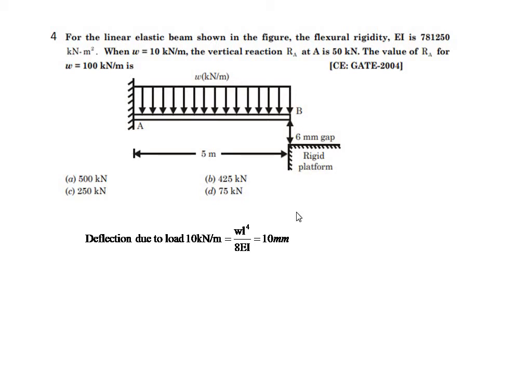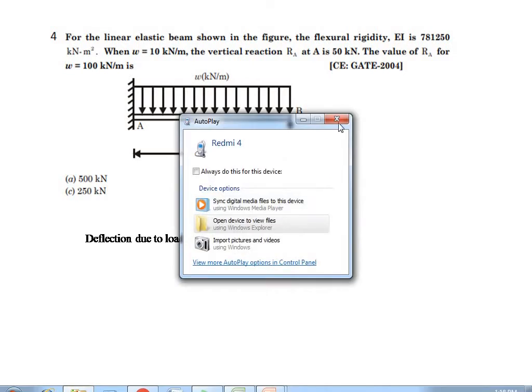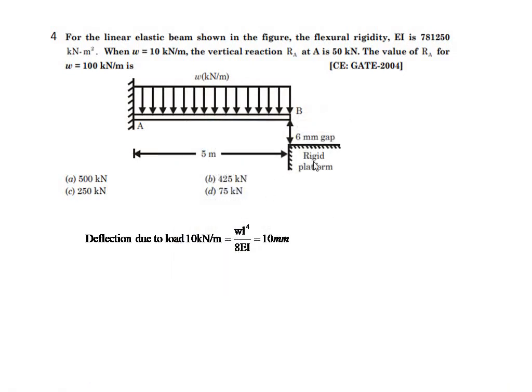It is a vertical reaction from the right end support, that is the support B. So we can consider a deflection of 10 mm downwards due to this load and a 4 mm upward deflection due to this reaction force.